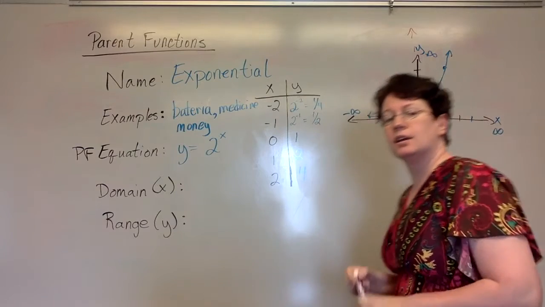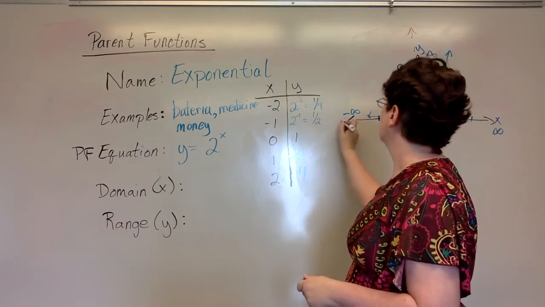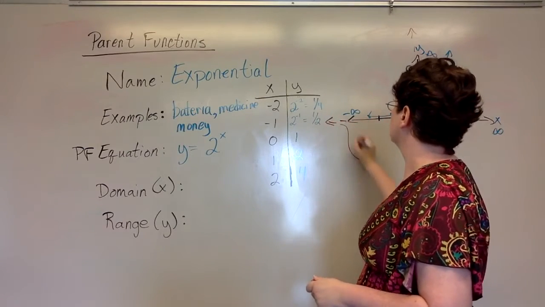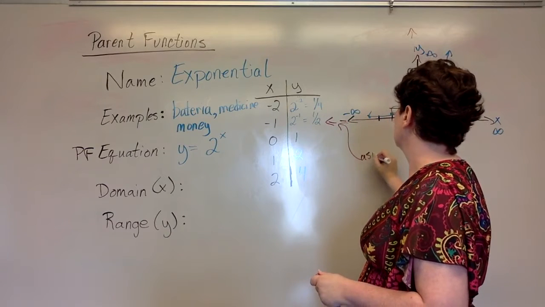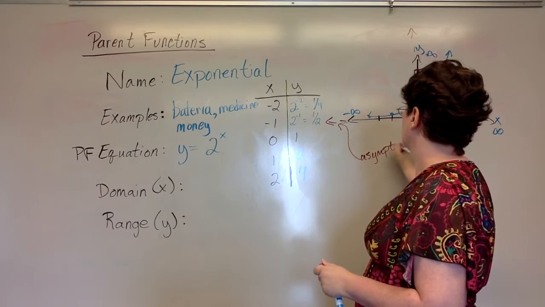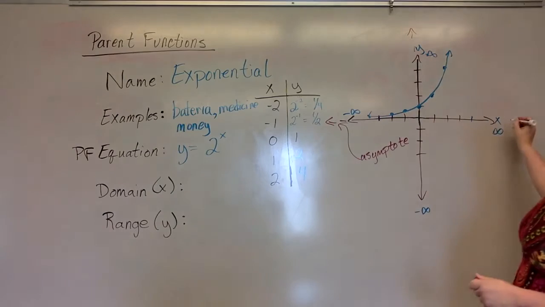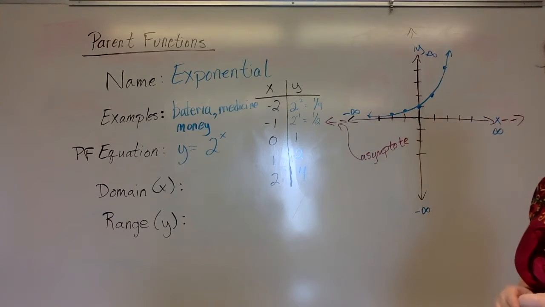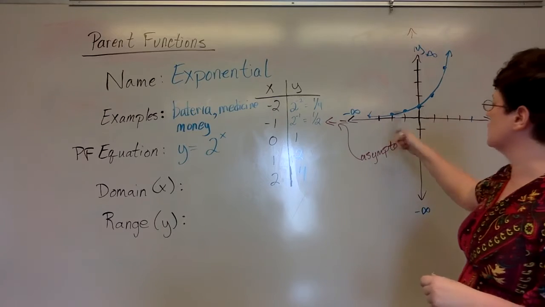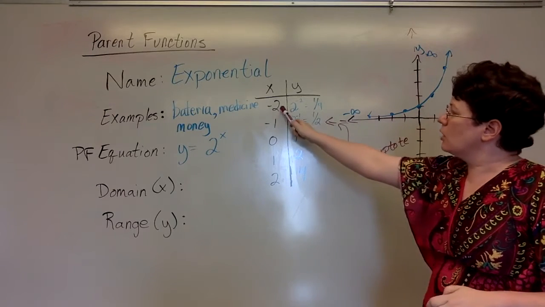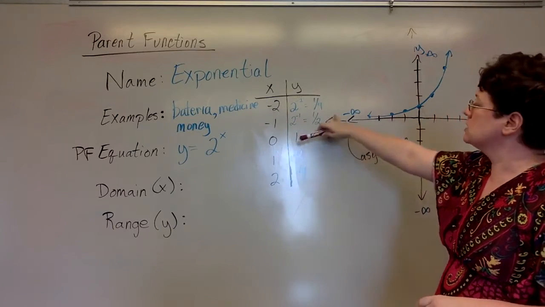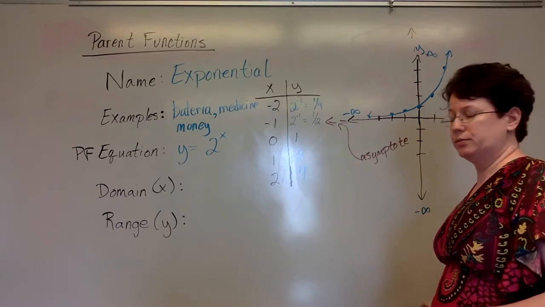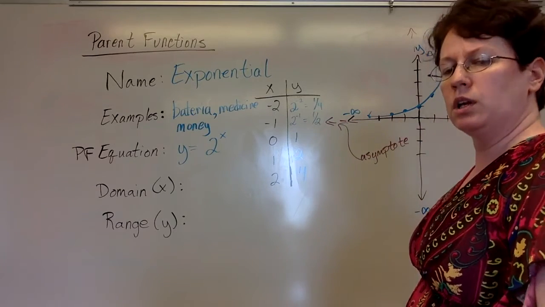We have yet another function that has an asymptote. Okay, so my y values never touch that x-axis there. Doesn't matter how big that negative number gets, it's just going to be a super small fraction, okay? But that's okay, we can handle it.